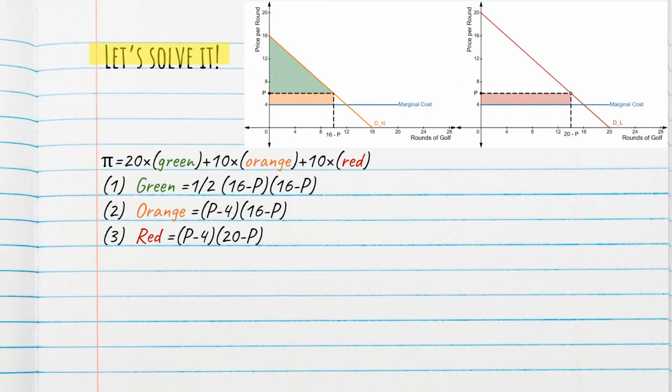Next, we need to substitute our green, orange, and red formulas into that profit function and do a little bit of simplification.